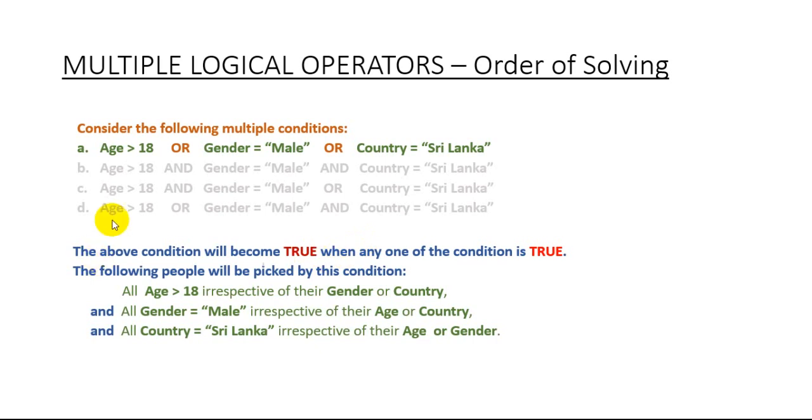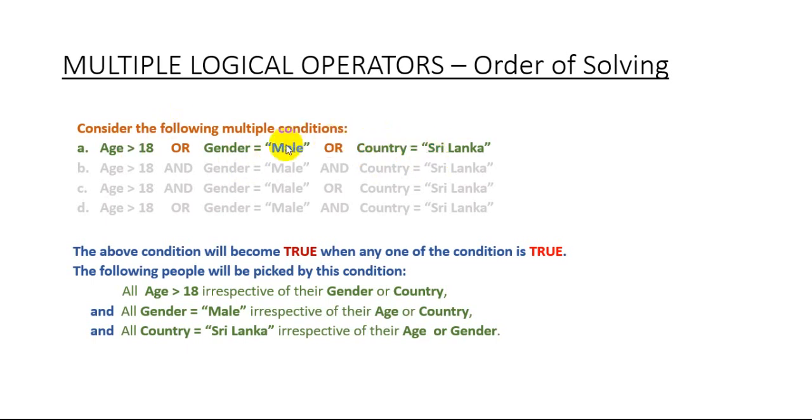When you look at over 18, we are ignoring what gender they belong to. Even though it is stated here, since we joined it with OR, it will ignore that and take everybody who is above 18: males, females, Indians, Sri Lankans, whatever. Then it will take all the males from the list, whether above 18 or less than 18, belonging to Sri Lanka, Pakistan, or India, doesn't matter.